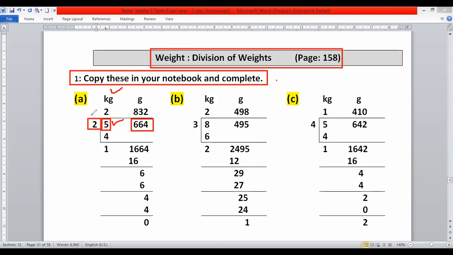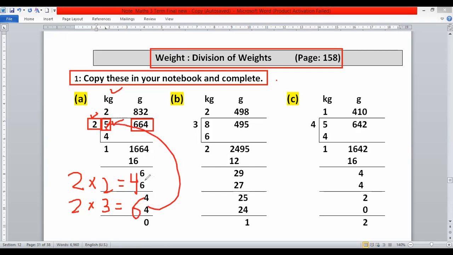First of all, we will divide 5 by 2. So we will count the table of 2. 2 ones are 2, 2 twos are 4, and 2 threes are 6. 6 is greater than 5.